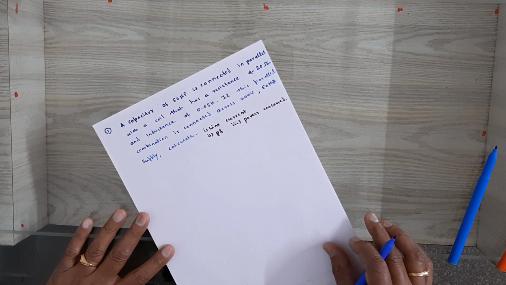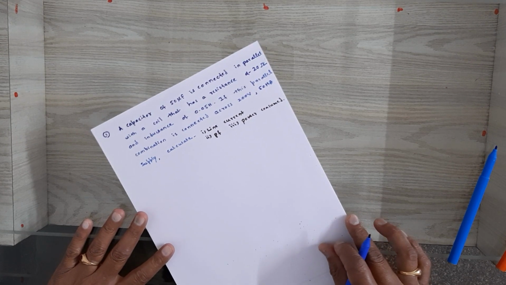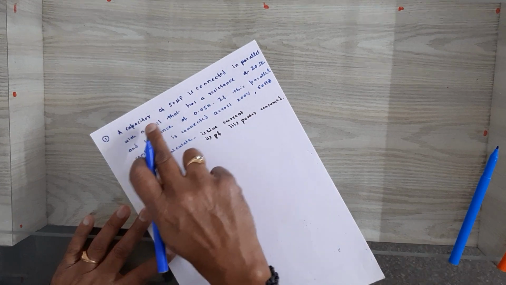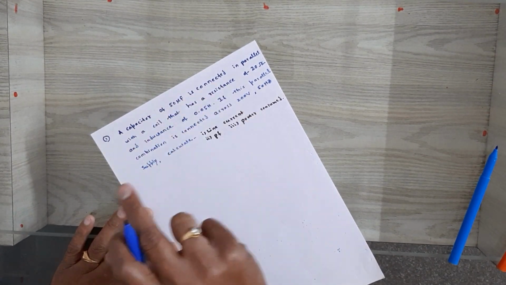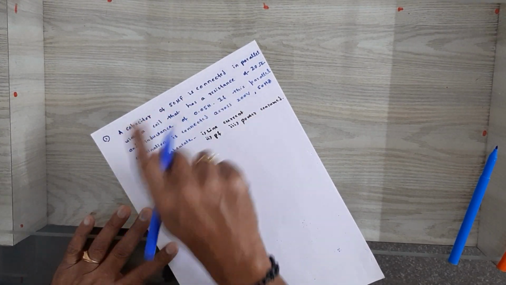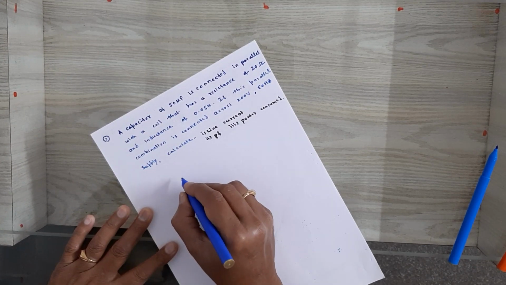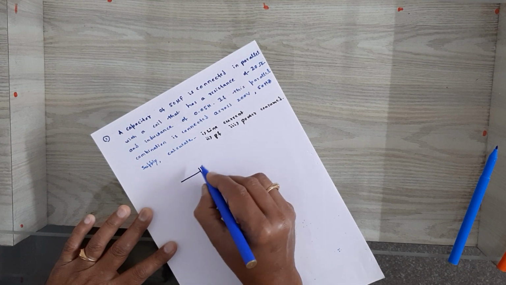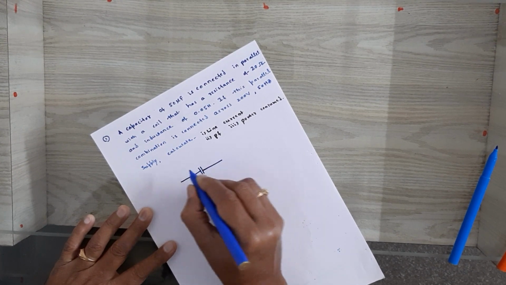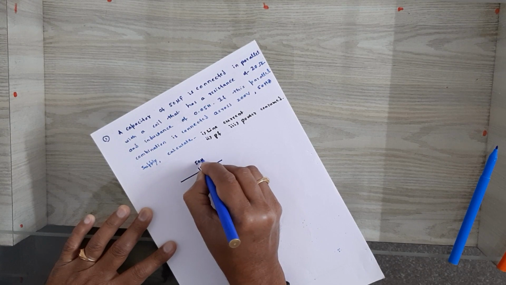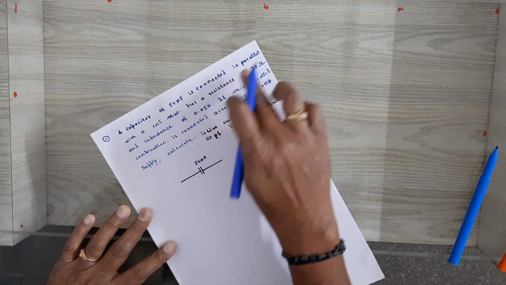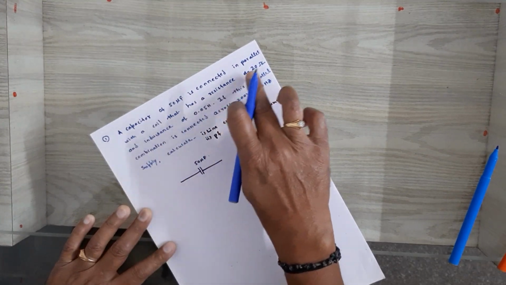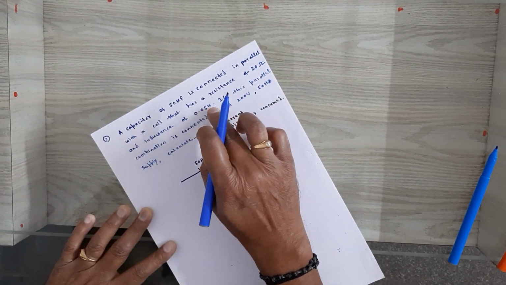Based on the statement of the problem, first what you have to do is draw the circuit. A capacitor of 50 microfarad is connected, that is, in one of the branches, only one capacitor is there. There is no resistance in that. Therefore, you can draw here a capacitor of 50 microfarad in parallel with a coil that has resistance and inductance of 0.05 Henry.